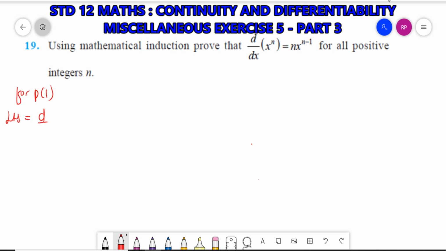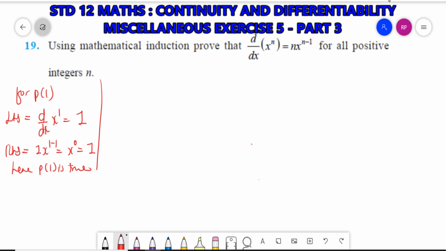LHS, d by dx of x raised to 1, and that is equal to 1. RHS, 1 x raised to 1 minus 1, that means x raised to 0, that is equal to 1. Hence p of 1 is true.